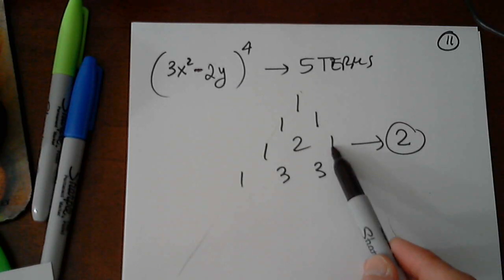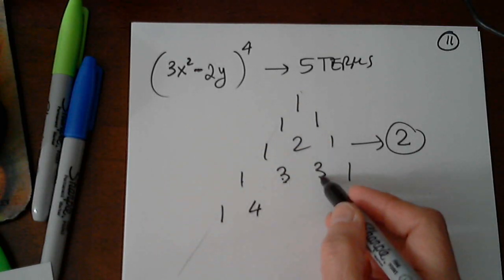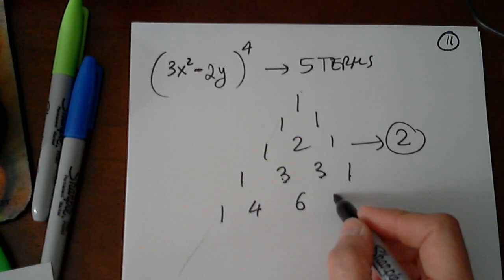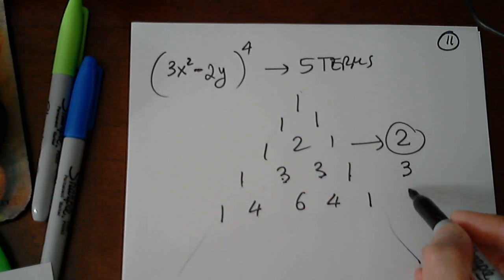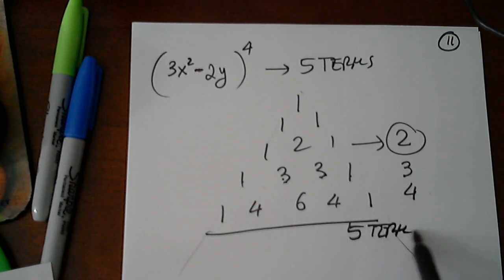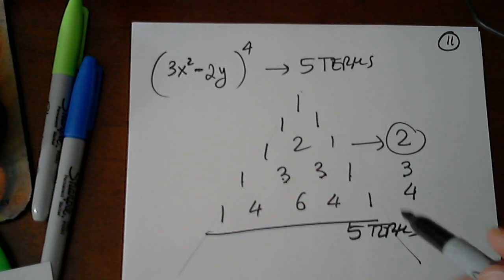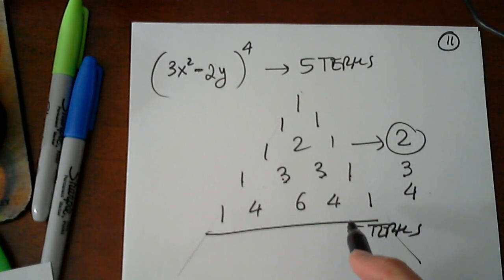This is 2 plus 1. 1 again, 1 plus 3, 4. 3 plus 3, 6. 3 plus 1, 4. 1 again. So this is degree 3, and this is degree 4 because it has 5 terms. These are the coefficients in front of each term, but not the final coefficients.